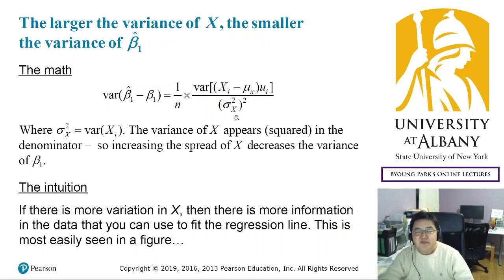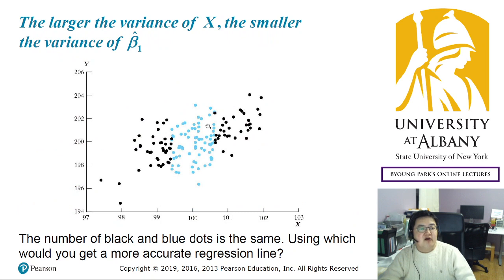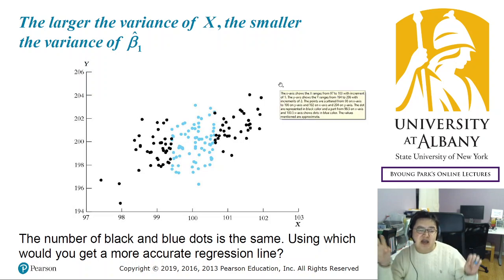But why is the variance of x in the denominator? This is somewhat counterintuitive, possibly, but think about this. A very interesting figure. Suppose that the whole data is your data, but you split the data into two groups. The blue group is in the middle, and black is on the sides.